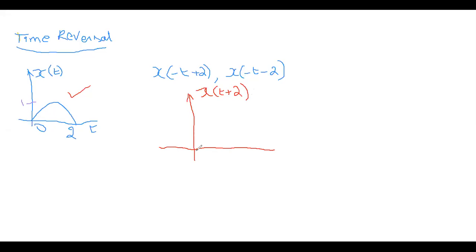So this is 0, this is 1, and this is 2. Similarly, this is minus 1 and this is minus 2.